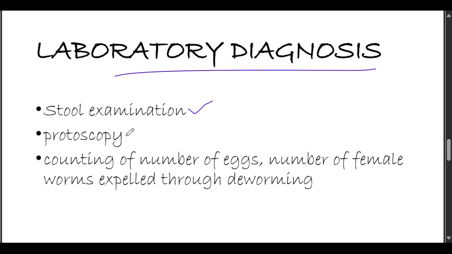Then we can also conduct proctoscopy, for identification of adult worms from the prolapsed anus as well as rectum. We can also measure the infection by counting the number of eggs as well as the number of female worms expelled through deworming.